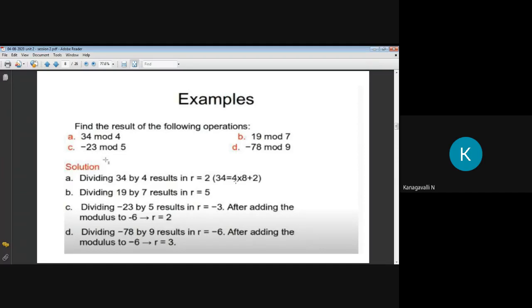What is q? Quotient. So quotient is 8, n is 4, plus remainder 2. So the whole integer part is 34. Please don't forget this: your quotient is 8, n is 4, and your remainder is 2.